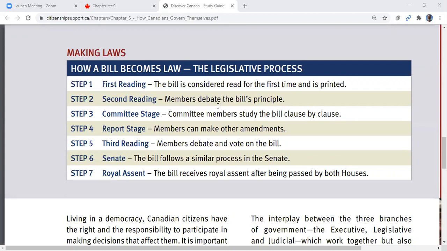And so if you have a bill saying that you want marijuana to be okay in Canada, then you debate it. So you say, yes, we want marijuana to be good, and the other people say, no. Do you know debate? Agree or disagree? Yeah, it's the same idea. You have an idea, but you agree with that idea or you disagree. Yeah, that's exactly right. That's a good way to describe it.